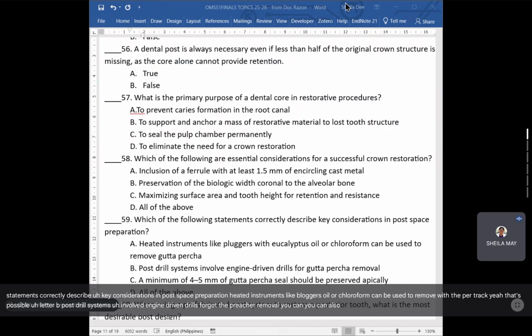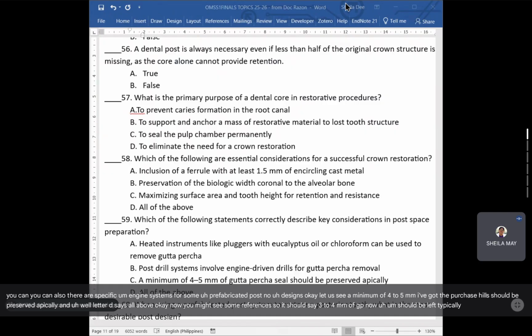You can also, there are specific engine systems for some prefabricated post designs. Letter C, a minimum of 4 to 5 mm of gutta-percha seal should be preserved apically. And well, letter D says all of the above. Now you might see some references which would say 3 to 4 mm of GP.